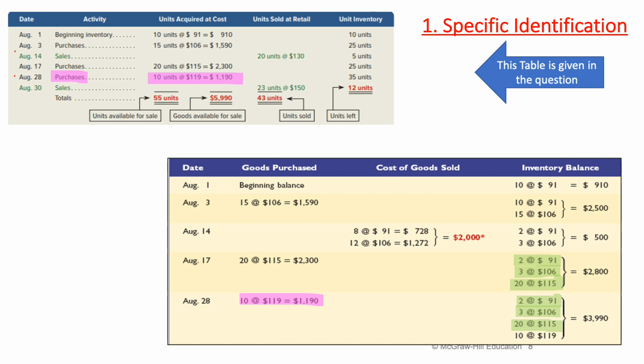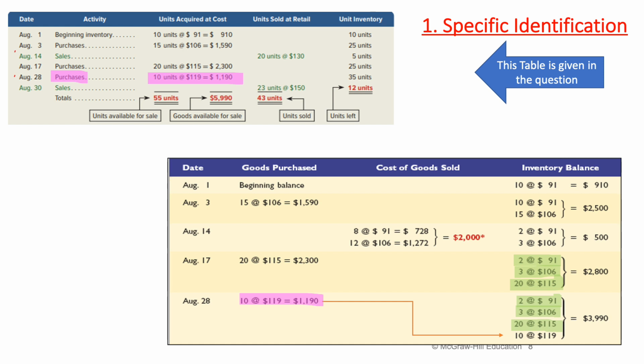So when I'm going to calculate the inventory balance, first I'm going to copy the units balances of the last transaction, as you can see here highlighted in green: 2 multiplied by 91, 3 multiplied by 106, 20 multiplied by 115.